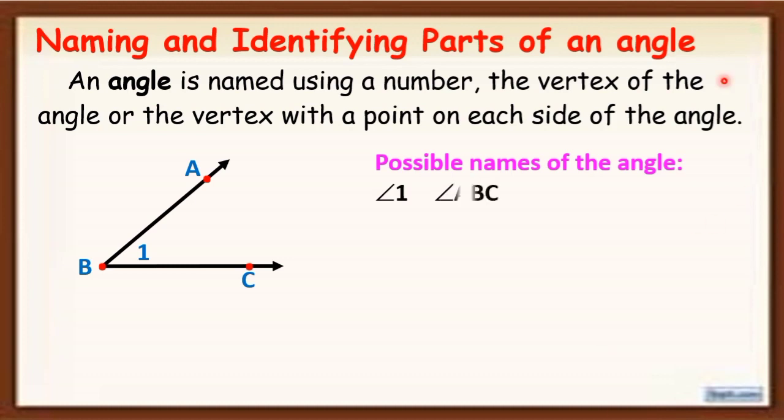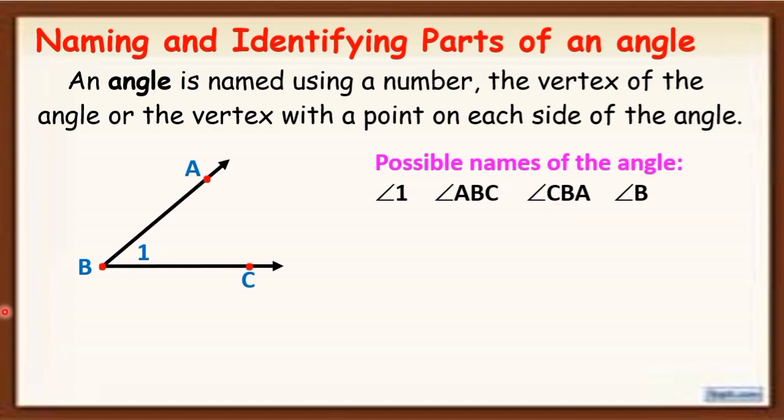Or we can call this angle as angle ABC or angle CBA. Or we can call it as angle B. So again, we can name an angle using a number. That's why we have angle 1 here. Or we can use the vertex with a point on each side of the angle, that's why we have angle ABC or angle CBA.